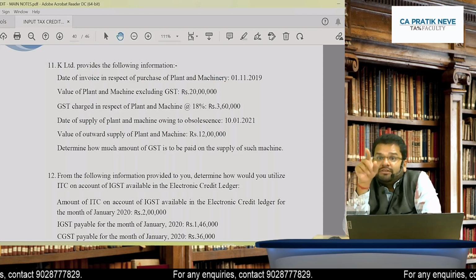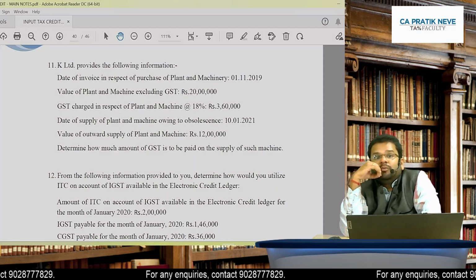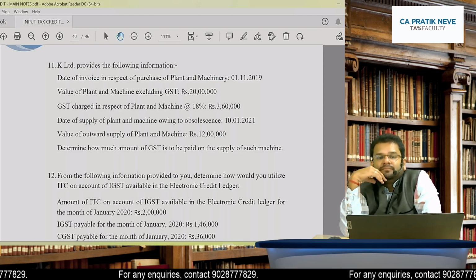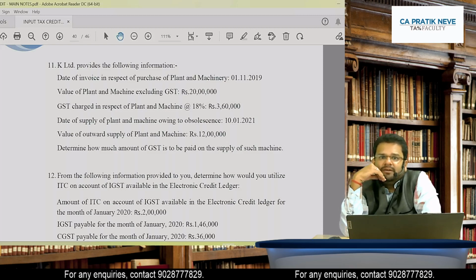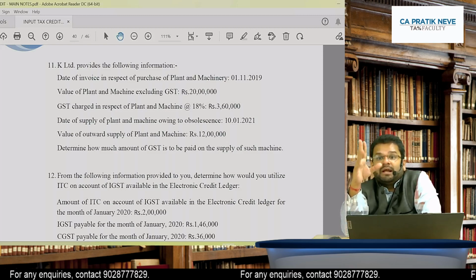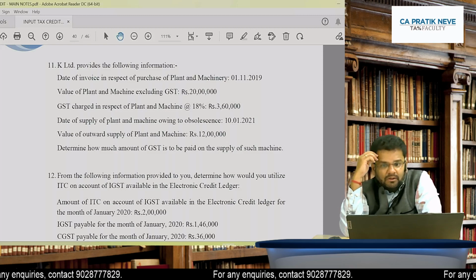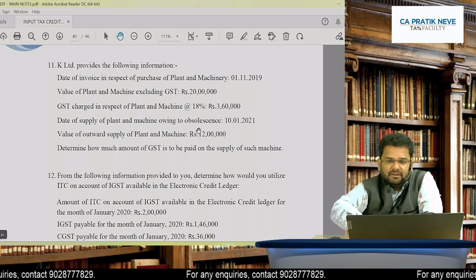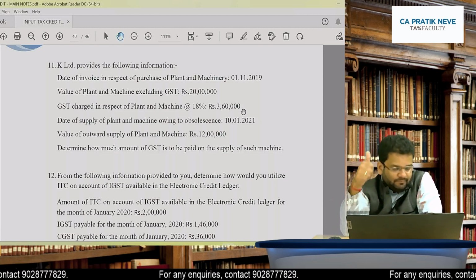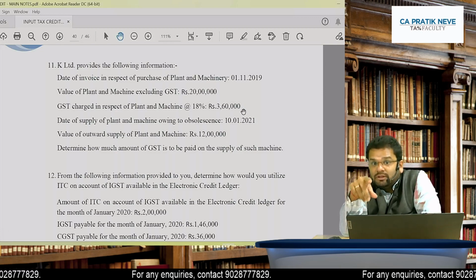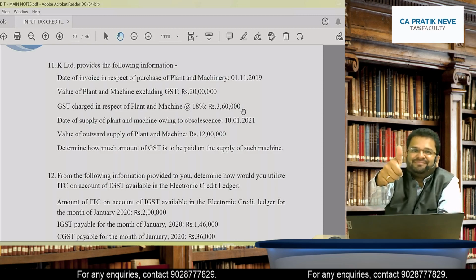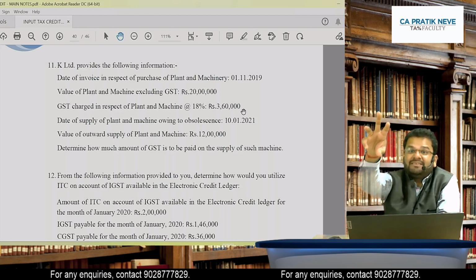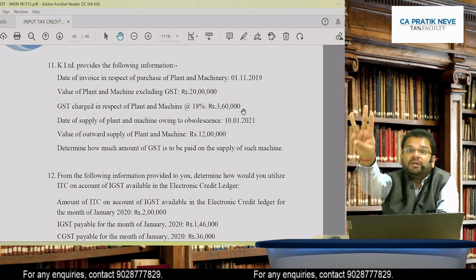So you have used it for 6 quarters. So how much of the asset would have depreciated? 6 into 5, 30. Agreed? All of you, 30. How much was total ITC? Total ITC is 3,60,000. From 3,60,000, 30% is correctly used, because the asset's use is to the extent of 30%.